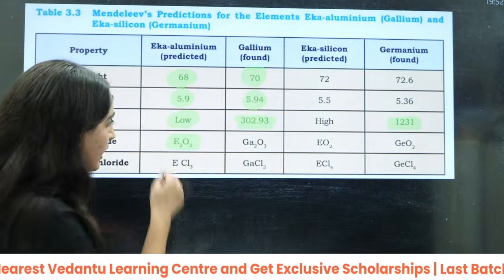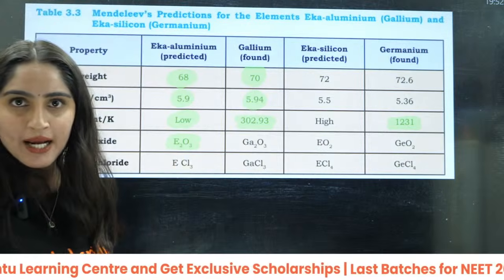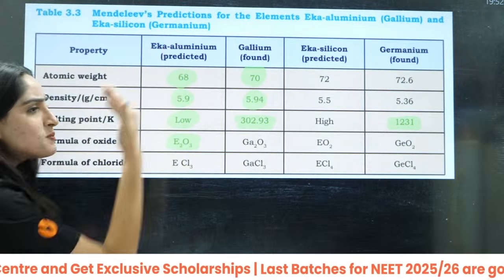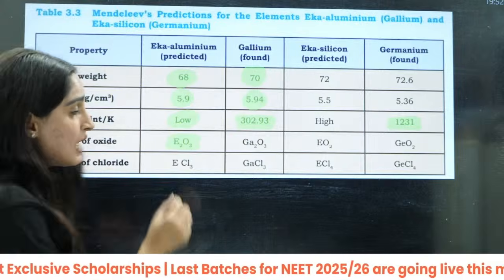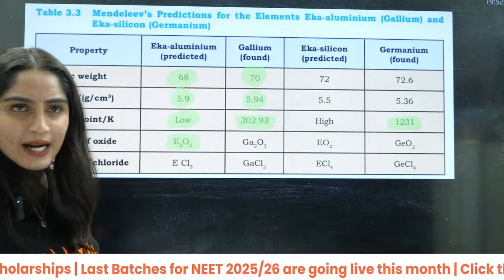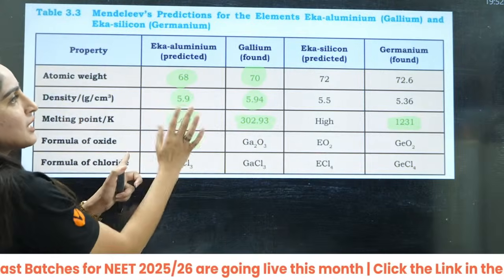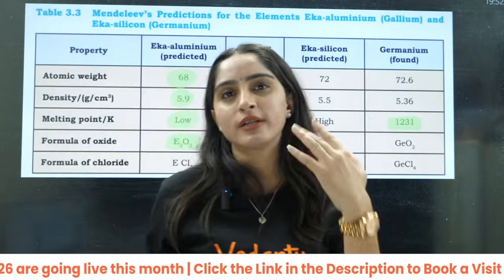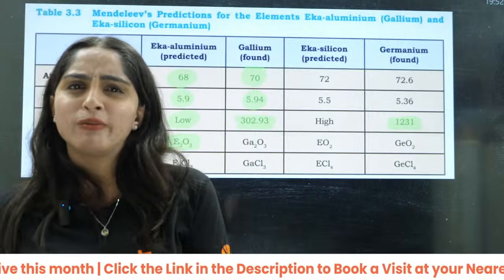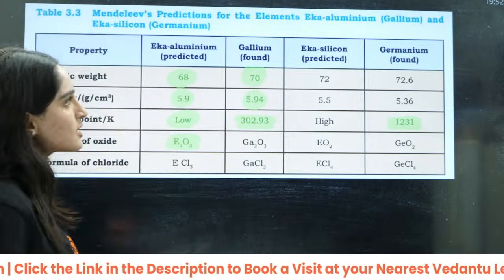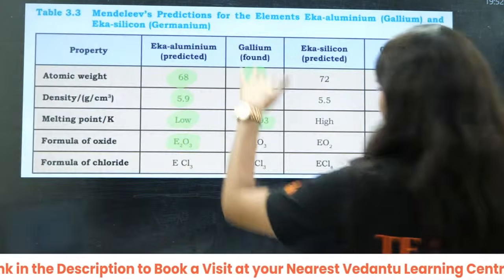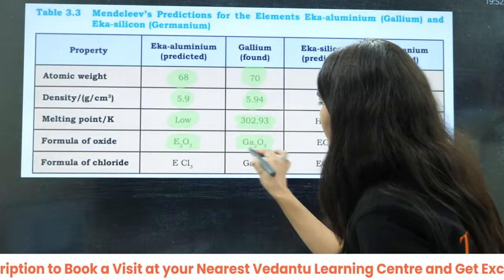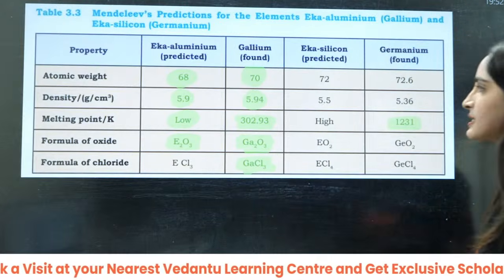Tick answer E2O3, right? Eka aluminium forms which kind of halide? ECl3 kind of halide. That means basically he was saying that this has +3 valency. At that time they didn't know about this, but yeah, they are saying that aluminium has +3 valency, right? So now that is how gallium was forming the same kind of oxides and halides, right?